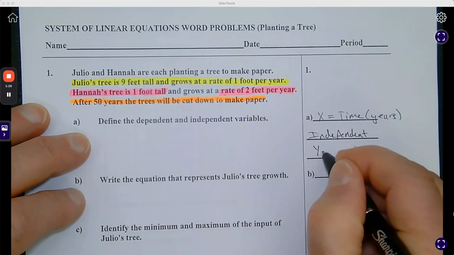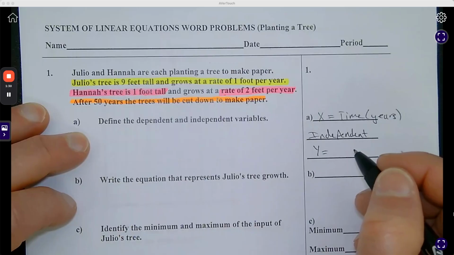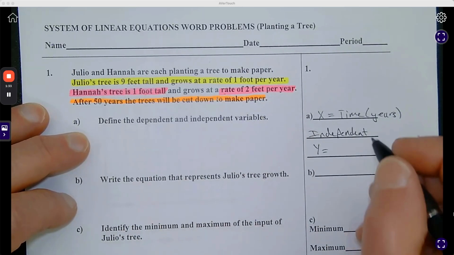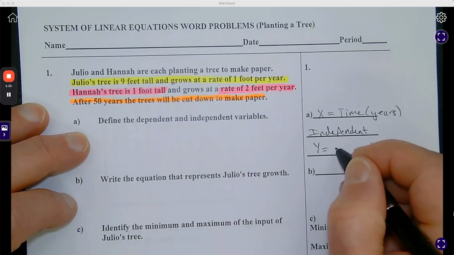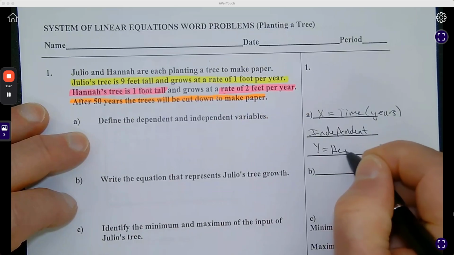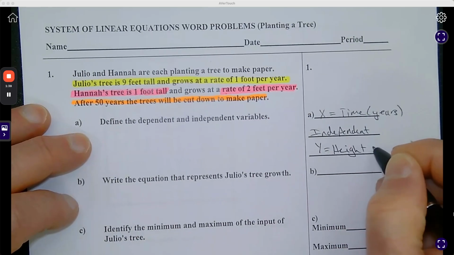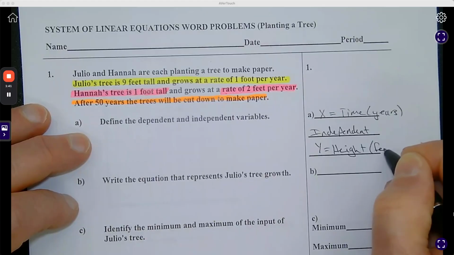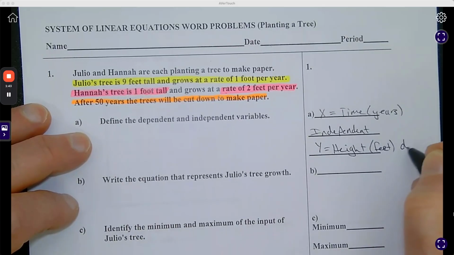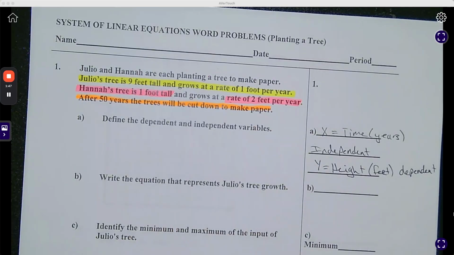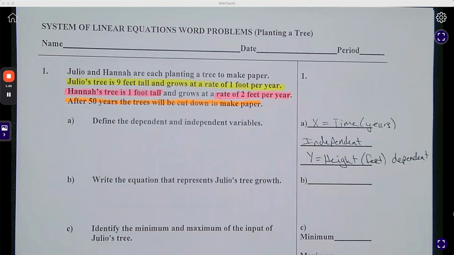The y value is going to be, although I'm tempted to do function notation here, the height of the tree in feet, and that is going to be dependent. So the height of the tree depends on how many years it's been growing.